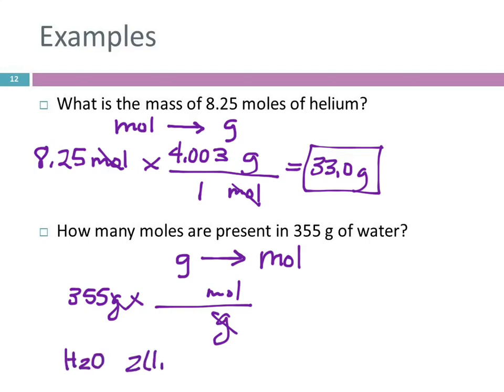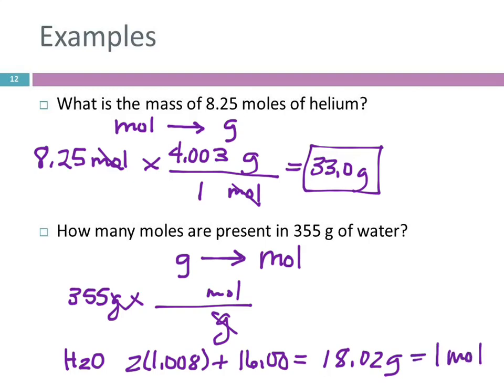So we take 2 times the mass of 1 mole of H, hydrogen, and 1 times the mass of 1 mole of oxygen, and that comes out to 18.02 grams, is equal to 1 mole.